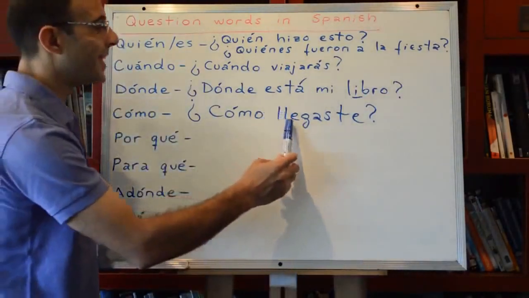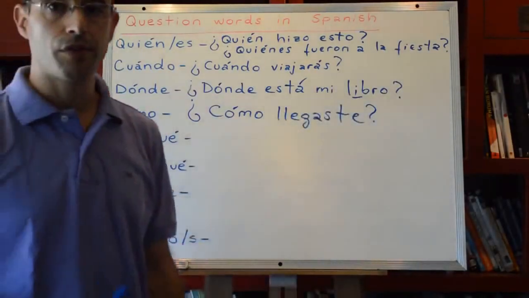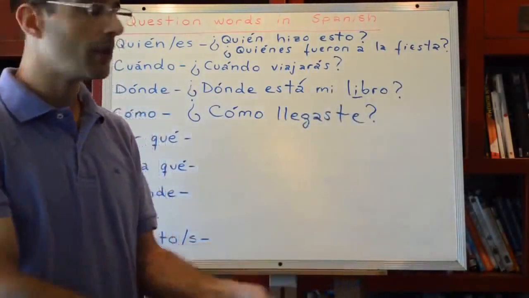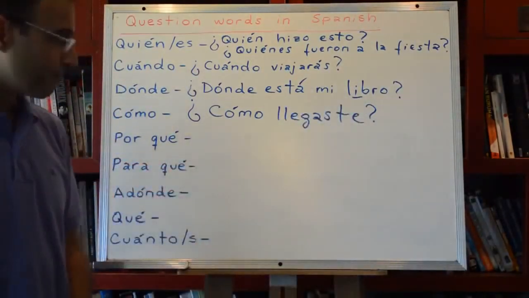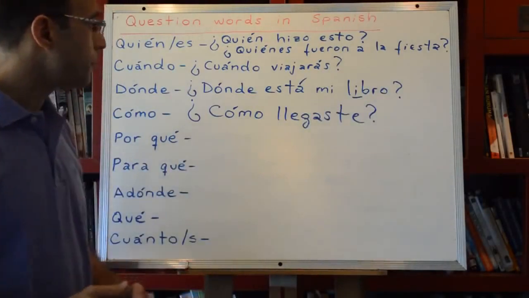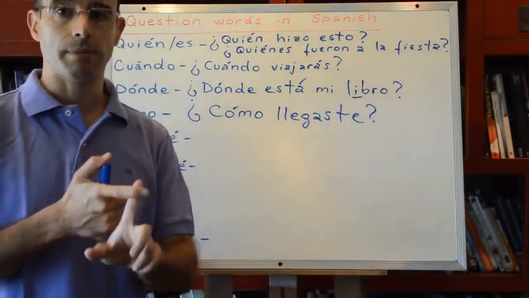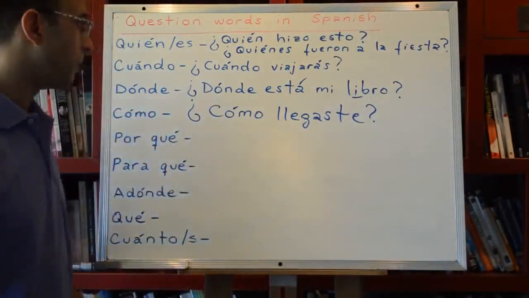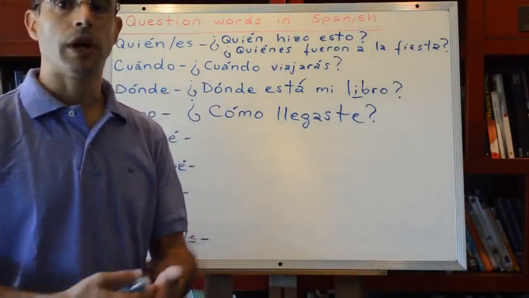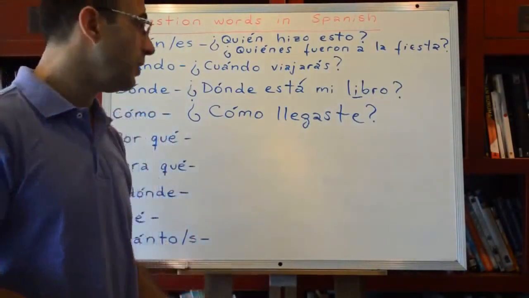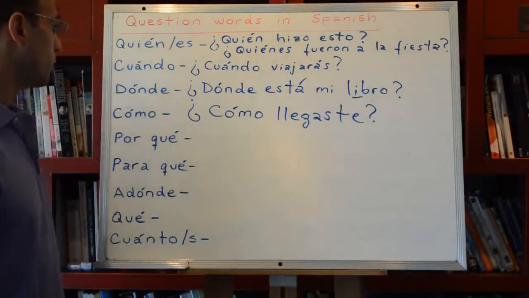The verb llegar, because llegaste is the past tense for the second person, for tú. The verb is llegar. Llegaste is past. And the verb llegar can mean to arrive and to come. So, ¿cómo llegaste? Can mean either how did you come, or how did you get here, or how did you arrive, okay? Good.